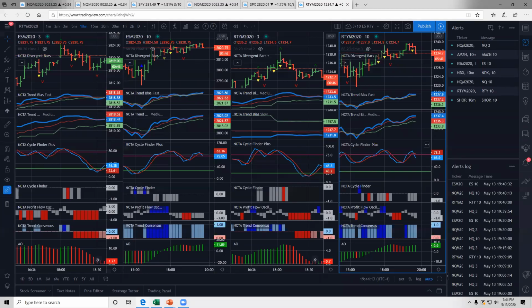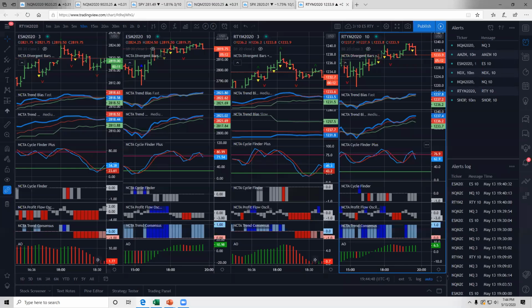Yes, you absolutely can. It's the same way you can right click on one of the triangles on there and add alert. And something to note about it is if you choose once per bar, it's going to show up the first time it flashes on, which we know that sometimes based on the price movement of the bar, it can go away, so it can be invalidated by where the price bar closes.